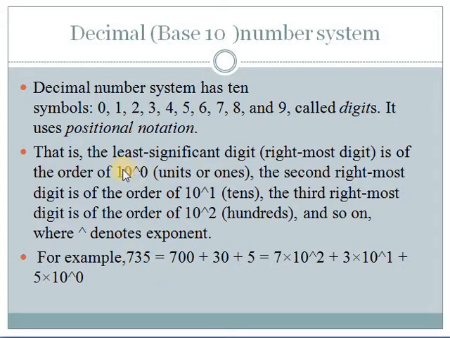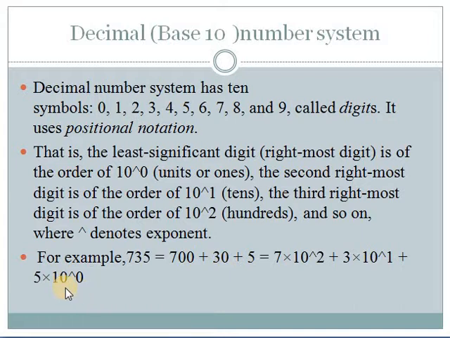So 5 into 10 to the power 0, that is the exponent, then plus 3 into 10 to the power 1. See the first rightmost digit, second rightmost digit, and third rightmost digit.